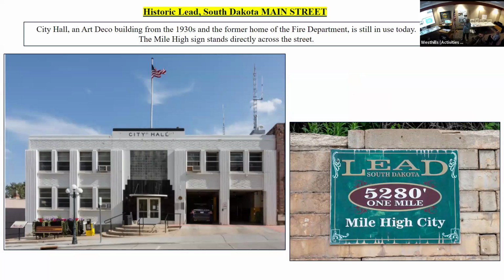It's pretty unique Art Deco design and construction. And again, Elizabeth Lockhart's father was an architect and engineer for Homestake, and he helped design and build that building as well as the Lead High School building.